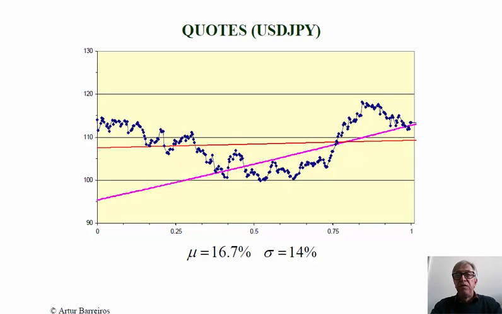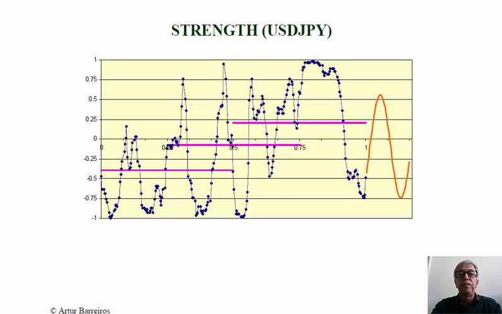And now we have the evolution of the pair USD JPY. We can see that in the beginning the trend was down and now it is up. With respect to short-term behavior, we can identify a correction that may continue to develop. And this is the evolution of the strength indicator.